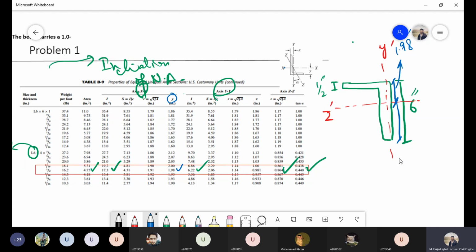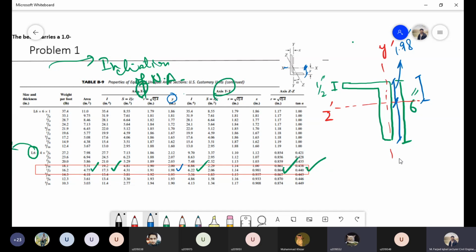It is the distance from the centroidal axis to this horizontal leg. ऐसे ही है, इस हॉरिजॉन्टल सेंट्रोइडल एक्सिस से लेके हॉरिजॉन्टल लेग तक का डिस्टेंस है y. अब इधर मैंने क्या किया है, सेंट्रोइडल एक्सिस ये है मेरा z डैश, इधर से लेके हॉरिजॉन्टल लेग के टॉप तक का डिस्टेंस मैंने मेंशन कर दिया कि that is similar to this y distance. ऐसे ही है.